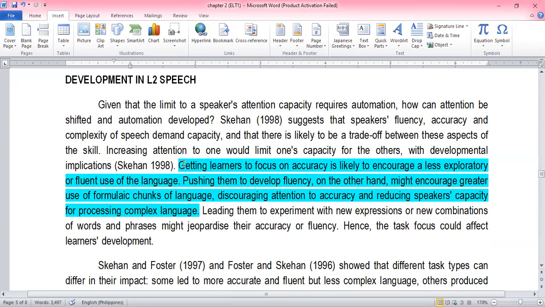Pero ito namang natuto na gamit yung mga movies, wala siyang accuracy kasi diba, like for example, manood ka ng movies, pwede silang gumamit ng mga slangs or even like I ain't doing nothing and all that. So, there's a fluency kasi nadidiscover ni student B na language can be used in different contexts.